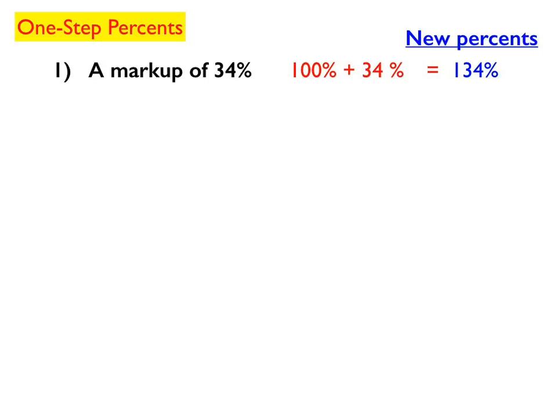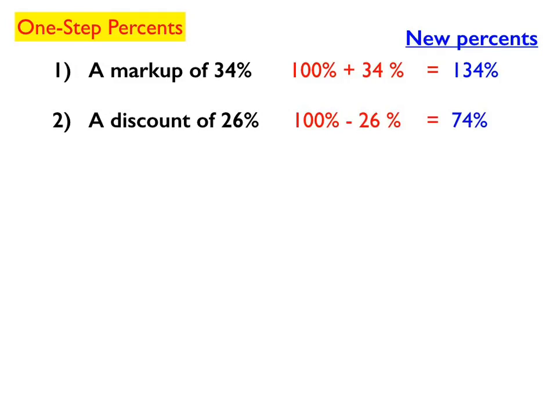You're paying more than the whole price. Extra money. If it's discounts on sale, you're paying less money. So this would be add or subtract. Subtract. So 100% of the cost minus 26 means you as a customer, you're paying how much? 74%. Always start with 100 because that would be the whole cost.